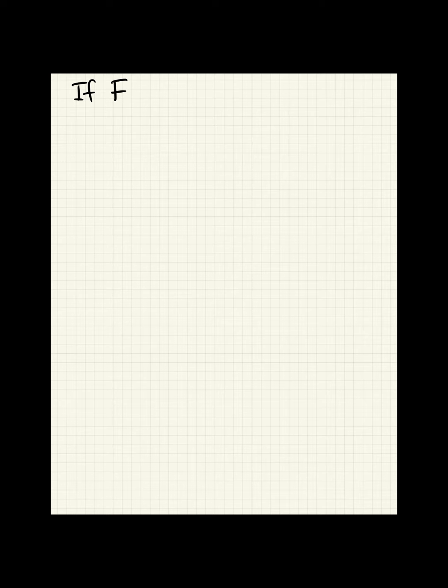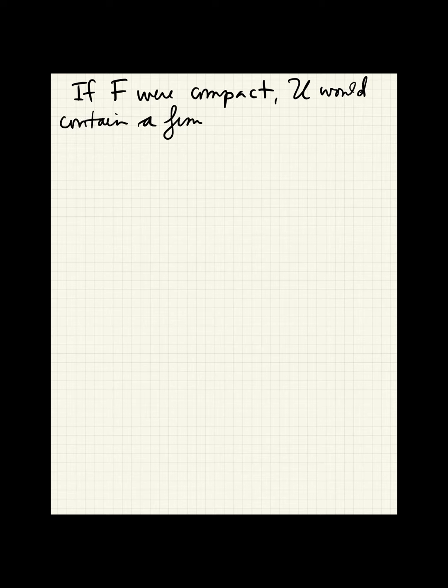So if F were compact, this is going to be a demonstration by contradiction. U would contain a finite subcover, U naught. And so U naught would look like this.